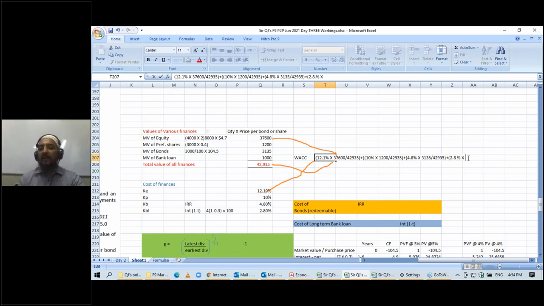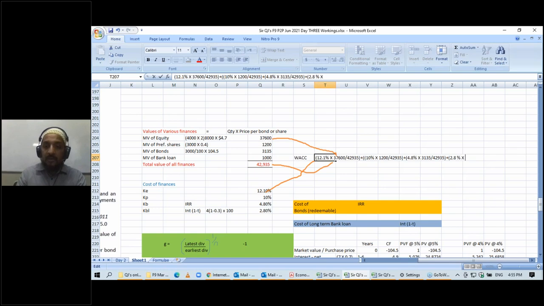The more equity capital you have, the more expensive it is, so it will increase your cost of capital, and ultimately if your cost of capital increases, your NPVs will become low or may become negative. So it's better to manage the funds and capital structure properly to have a low cost of capital.